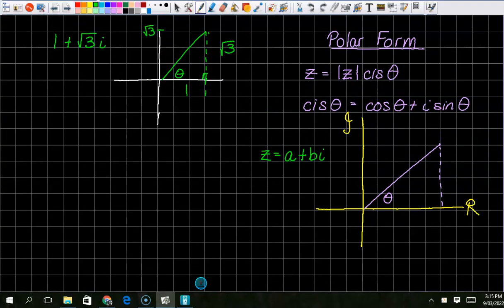Polar form. It's just another way to write complex numbers, and it's going to allow you to do crazy things with those complex numbers. So you might want to take it to a power of 20, and you might be going, why would I want to do that? Well, a question might ask you to. There are things that we do, and it just becomes a whole lot easier if we use polar form.